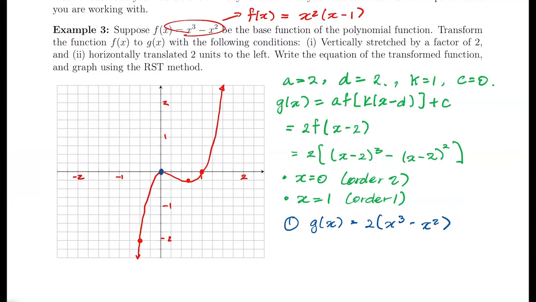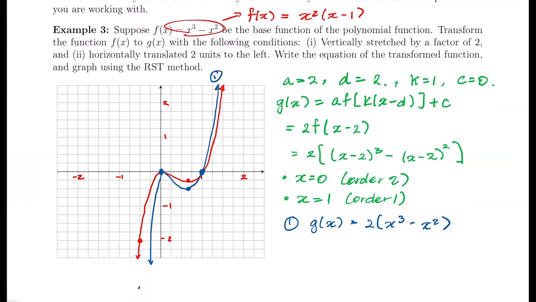So the x-intercepts won't change. This coordinate will come over here. This coordinate would go somewhere beyond here, which is not really necessary to plot, but let's see what happens. So we have this function now. Looks something like this. So that's graph number 1.